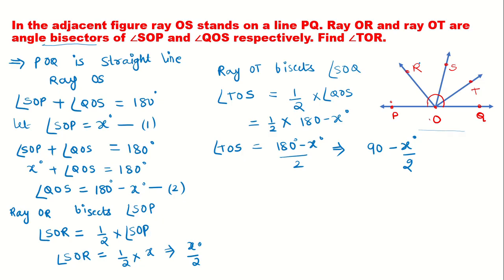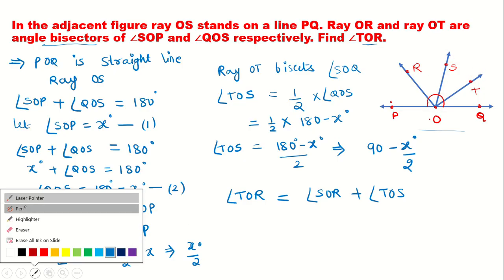Now from the question we need to find angle TOR. So angle TOR is equal to angle SOR plus angle TOS. As you can see in the figure, this is angle TOR, and in this angle TOR we have two angles, that is angle SOR and angle TOS.